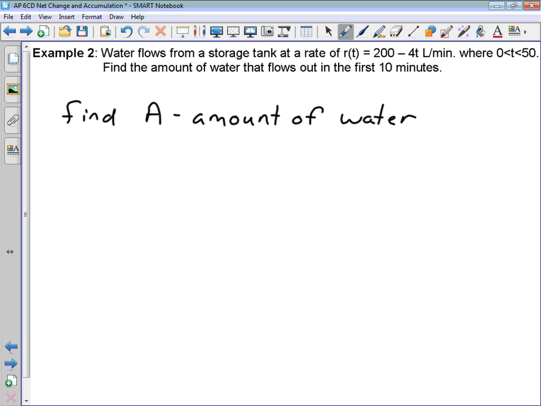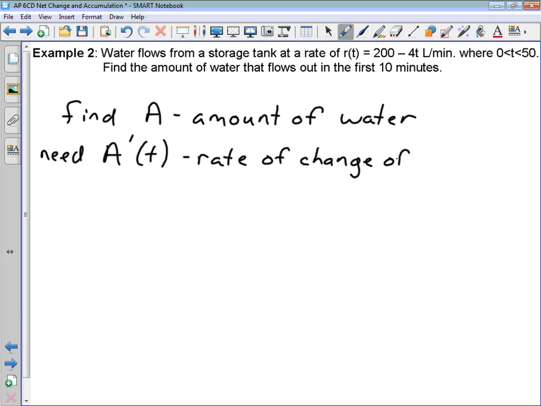So we need A primed, which is the rate of change of water.